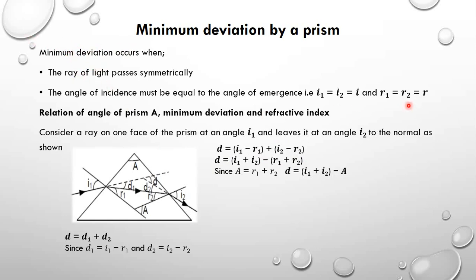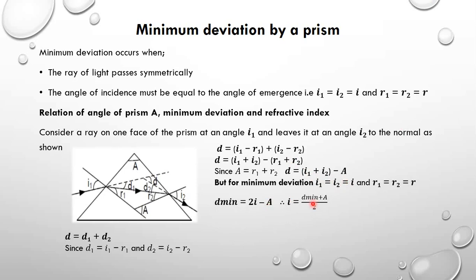Now, applying the condition, we shall remember that I1 is equal to I2, which we can call I, and R1 is equal to R2, which we can call R. So if we substitute, we shall have I plus I, which is 2I, minus A. Then we make I the subject.